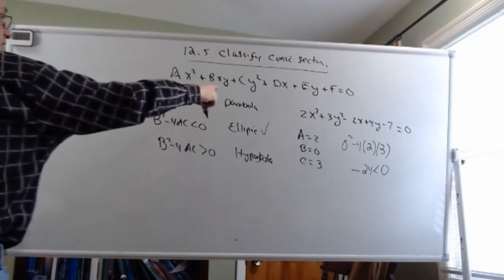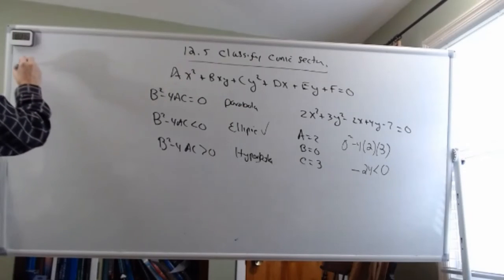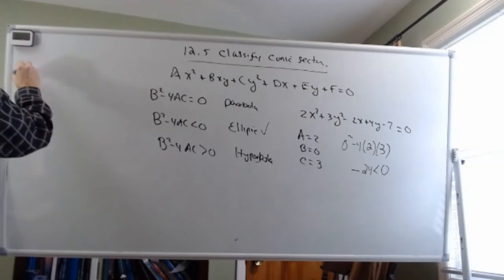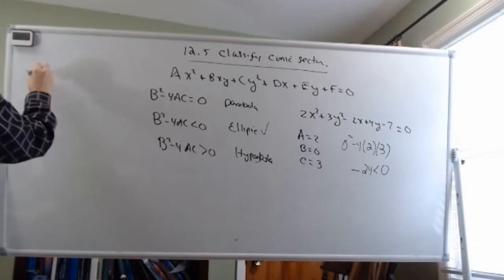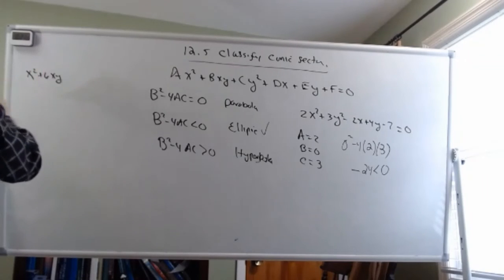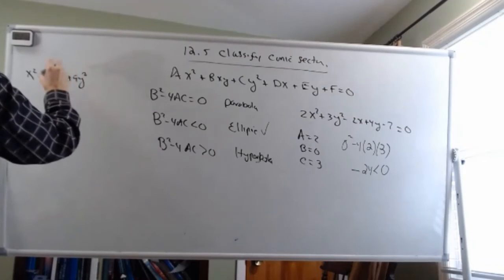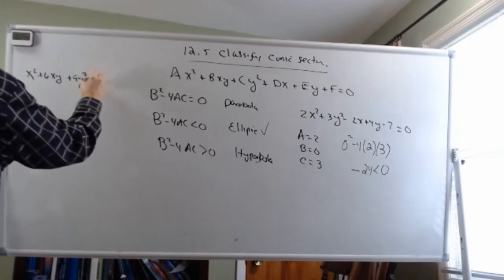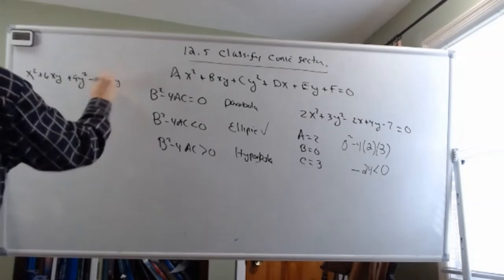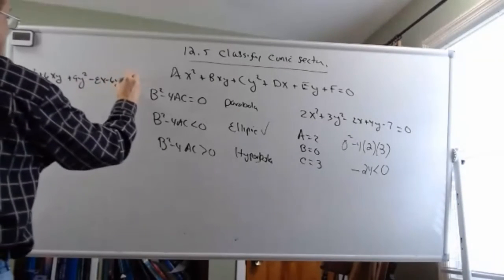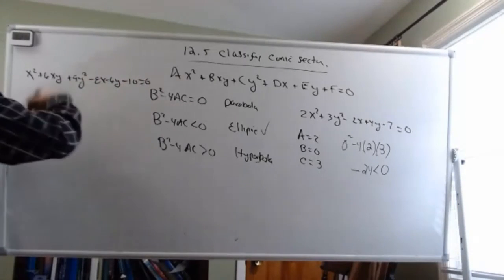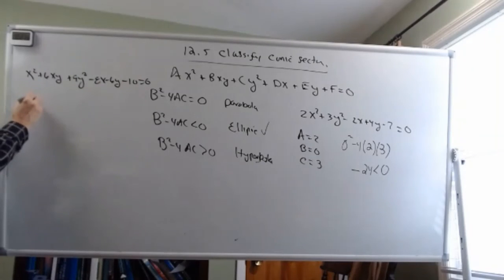So now notice this, that one didn't have a b term. This one does. So now if I have x squared plus 6xy plus 9y squared minus 8x minus 6y minus 10 equal to 0. Come over here, I get A is 1, B is 6, and C is 9.